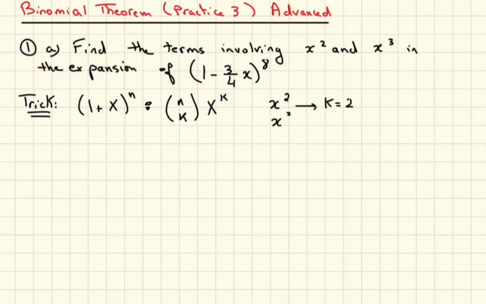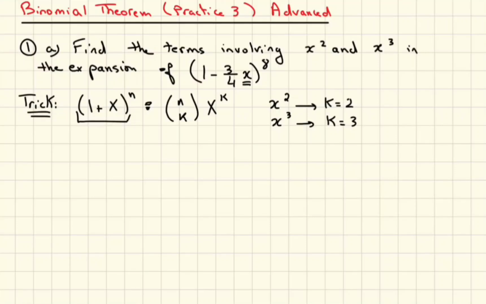If you're looking for the term x cubed, you can use k equal to 3, but this only works if you have this form, 1 plus big X. I should have only X here and the big X. So I will repeat: big X in our case is negative 3 over 4 times x.